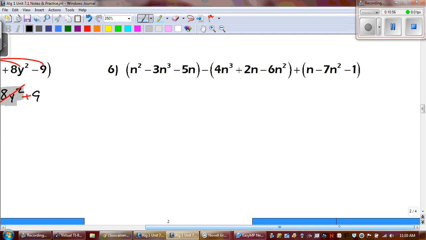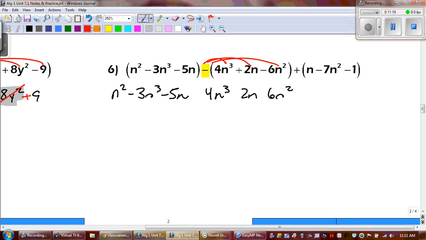All right, last one. Always look for the signs to see what we have to change. N squared minus 3n cubed minus 5n stays the same. Only the signs change, guys. So that's going to be a subtracting, subtracting, and adding.